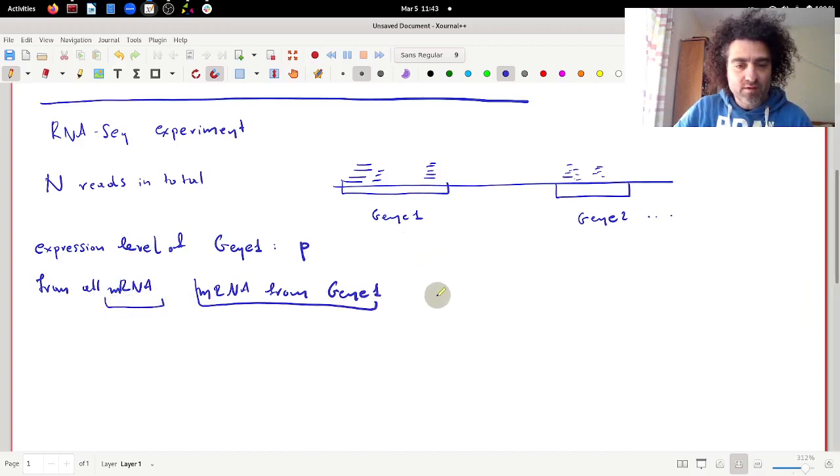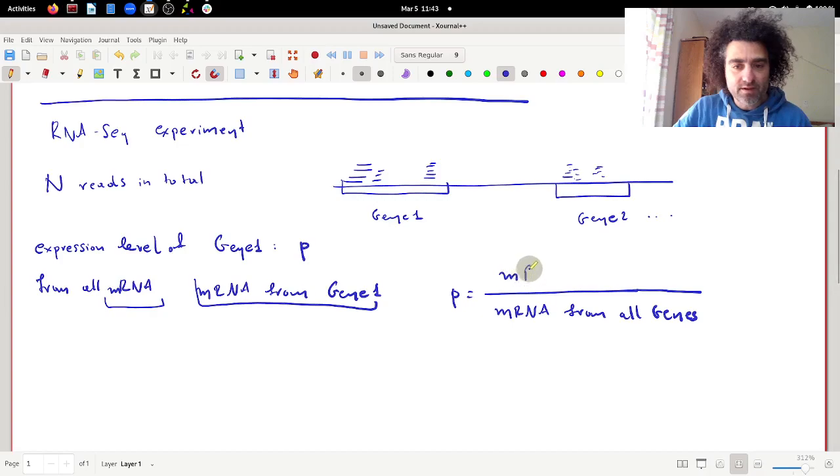So what I want to say here is that this P will be this quantity here, mRNA from all cell, from all genes, and here it will be the mRNA from gene 1.